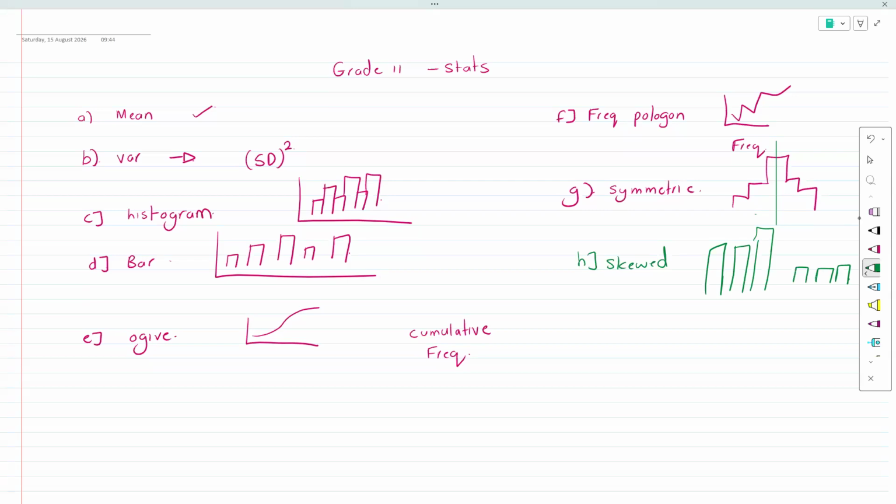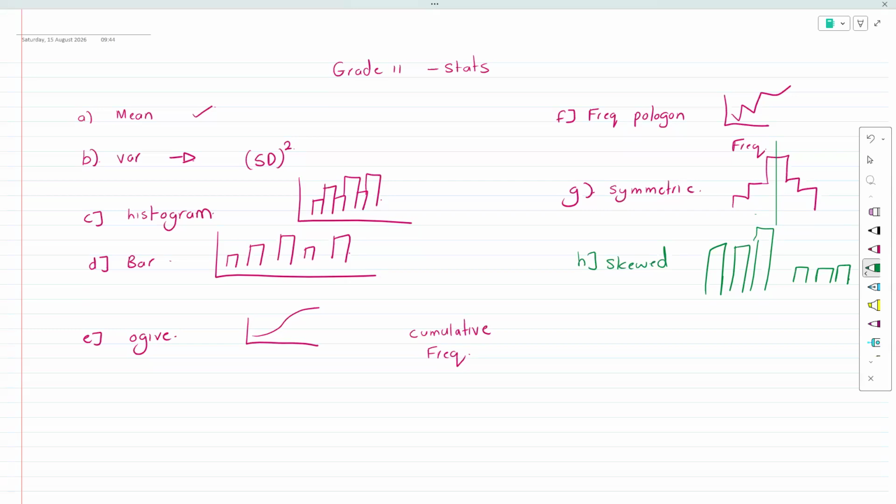It's not all symmetric, it's not all even. So when the graph's taller columns lie more to the left or to the right, and the lower columns lie in the opposite direction, it doesn't matter whether it's right or left. It just means one side is more skewed than the other side. One side is lying taller, longer or smaller than the other side.